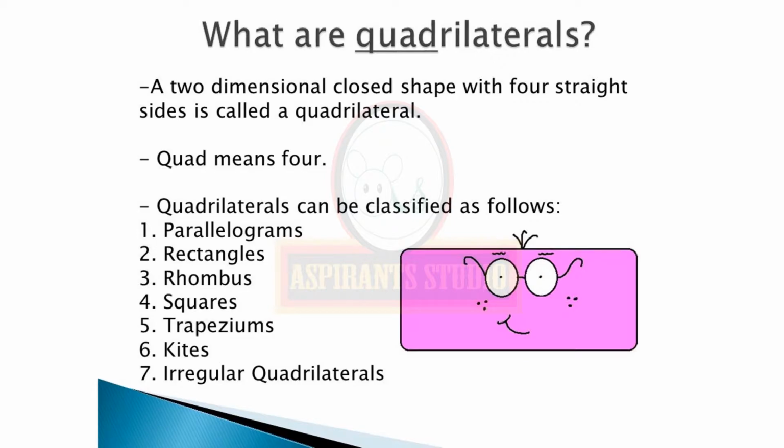A 2-dimensional closed shape with 4 straight sides is called a quadrilateral. Quadrilaterals can be classified as follows: parallelograms, rectangles, rhombus, squares, trapeziums, kites and irregular quadrilaterals.